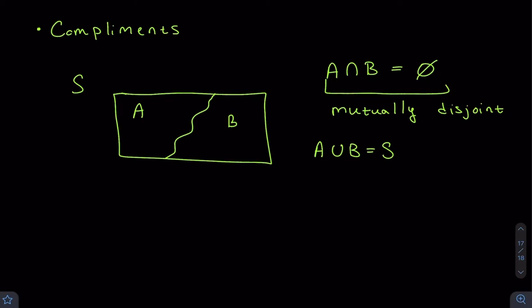And if we have this property of these two sets being mutually disjoint and this property of their union being the universal set, then we say that A and B are complements of one another.